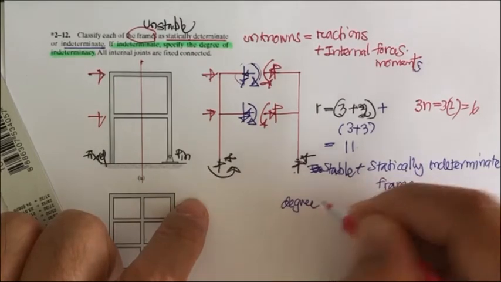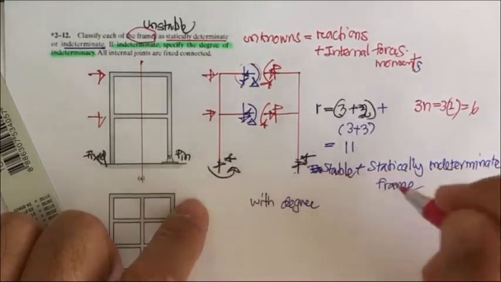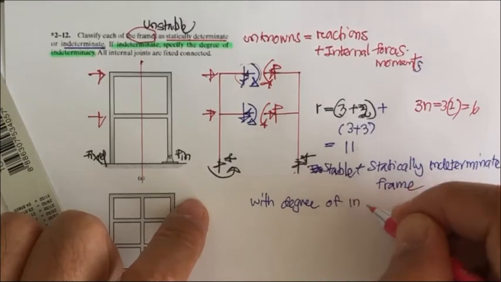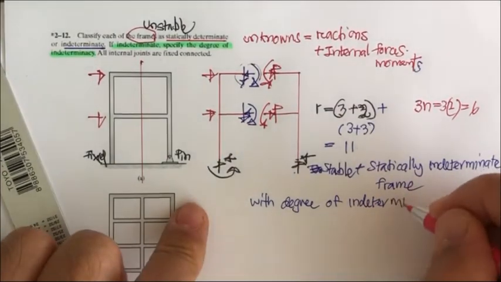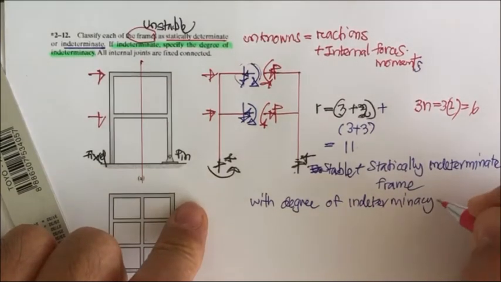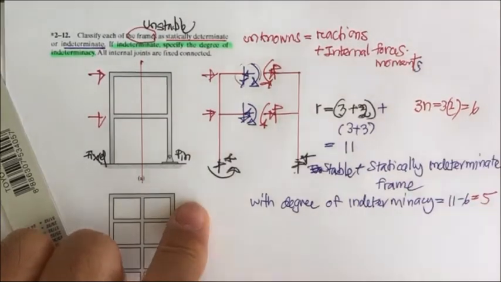The degree of indeterminacy is equal to 11 minus 6, which is going to be 5.